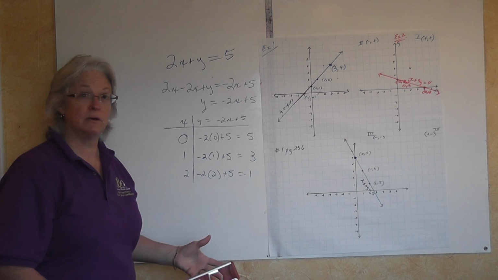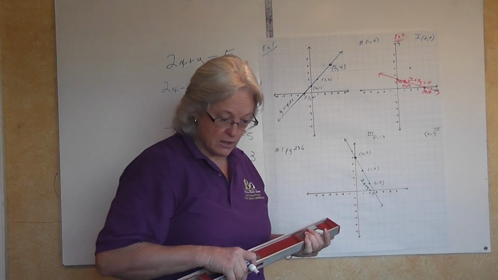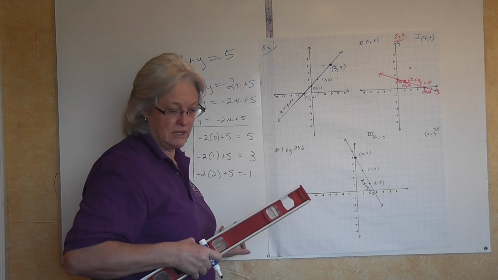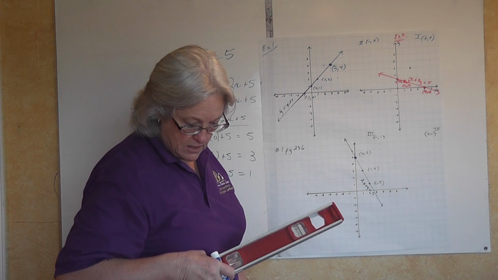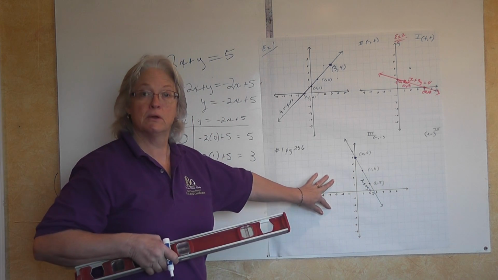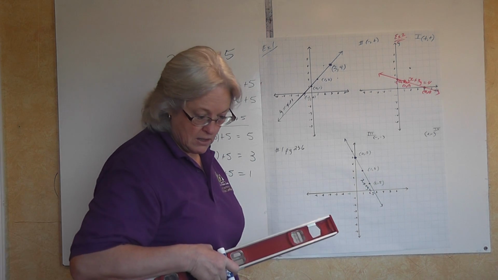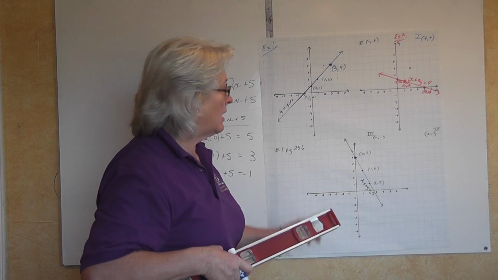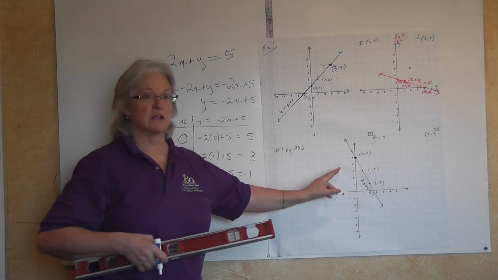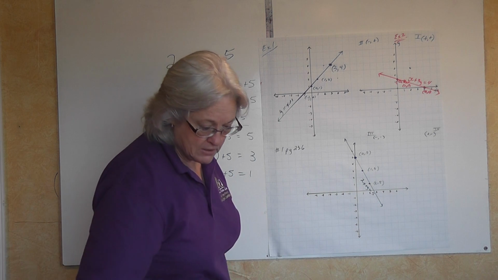Are we finished now? Well, let's see. For each equation, make a table of at least 3 ordered pairs. We did that. Then graph the equation on its own set of axes. We did that. You forgot this part, didn't you? It says give the y-intercept.